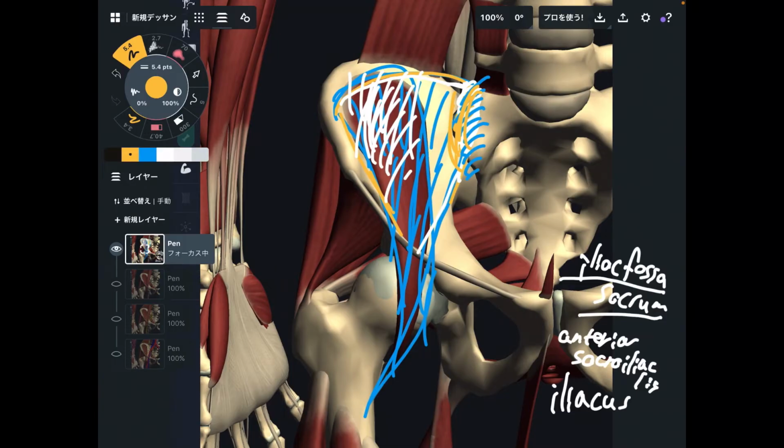That means this ligament connects the sacroiliac joint. Again, this joint is freaking important for low back pain. Iliacus attaches to this ligament. Then what happens if iliacus gets tight? That may aggravate tension of this ligament. That may trigger low back pain. See? Iliacus is actually important for the sacrum and low back. Very important muscle.